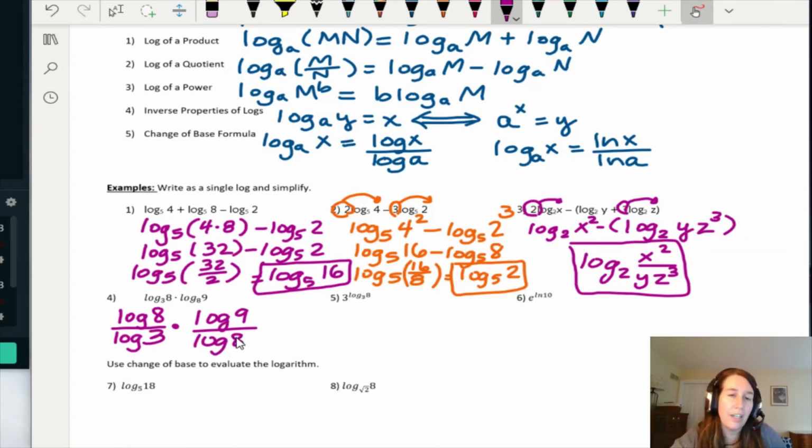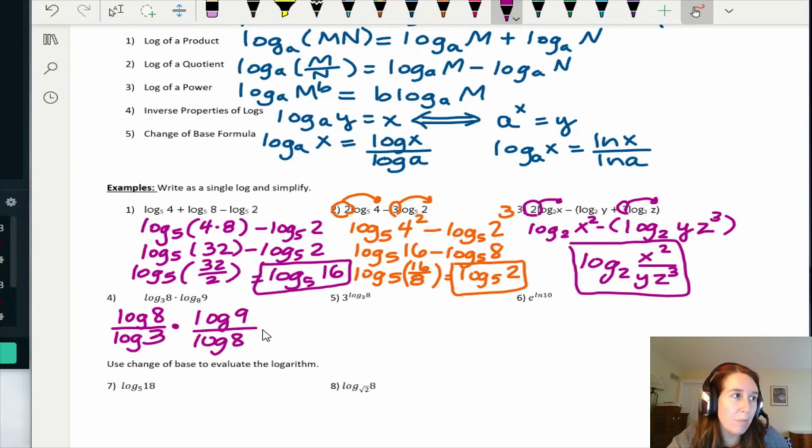If you watched the calculator video, you did change of base formula already. And I know in that video I said you're going to put the base in the basement, right? So that's the rule for the change of base formula. You're going to change the base and you're going to put the base, log base 8, in the basement. Okay, now take a look at what we've done.